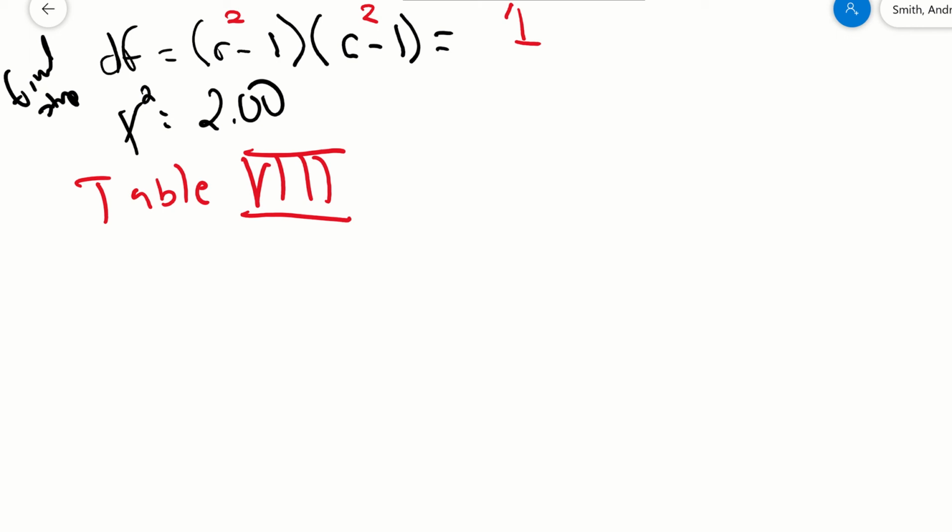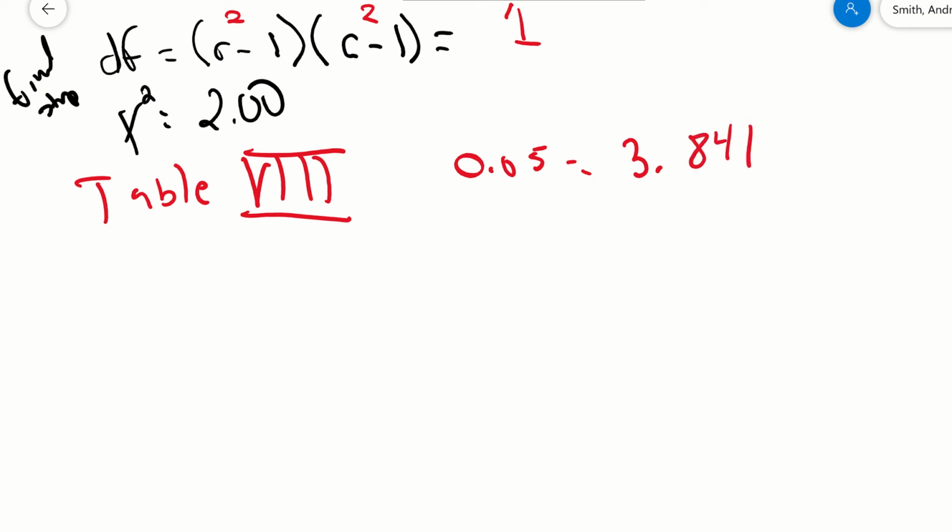The first column reads degrees of freedom. In this particular case, you go down to 1 because you've got 1 degree of freedom, and you go over on the rows to 0.05 because we're willing to be wrong 0.05 of the time, right? And we get a critical area of 3.841.